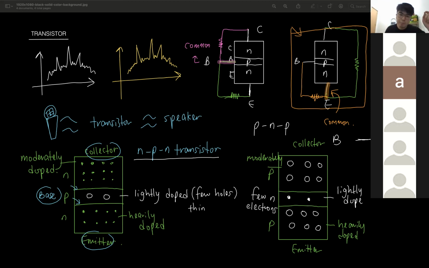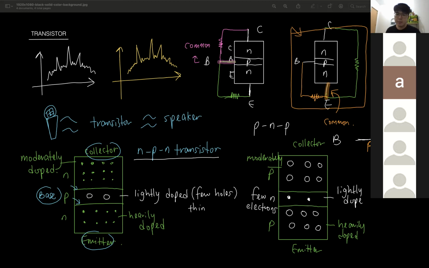Meaning positive P to negative N. So you follow the arrow. This arrow is pointing here, meaning it is flowing from positive to negative. So P to N, so up here it is N. So this is an NPN transistor.